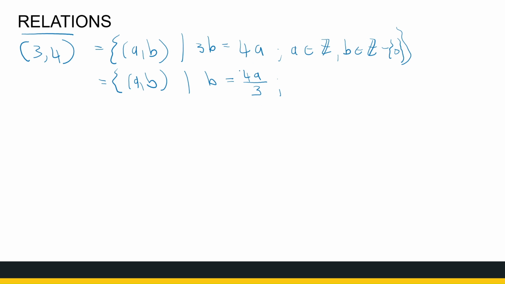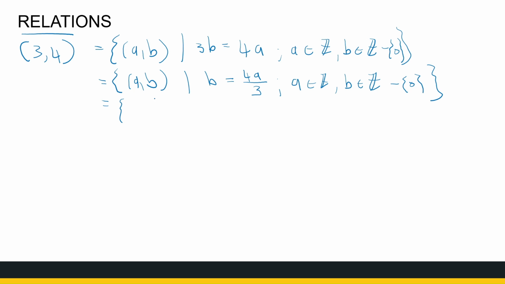Now we've got to watch out. We've got a fraction here, but all our values are integers. So we've got to watch out for that one. But we'll see how to work this out, where a is an integer and b is an integer, but not 0. So let's get this better.